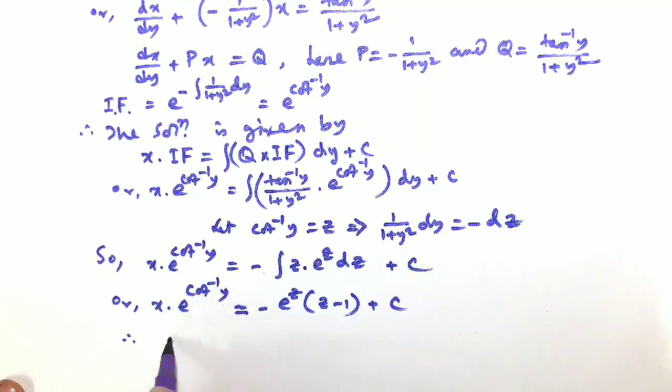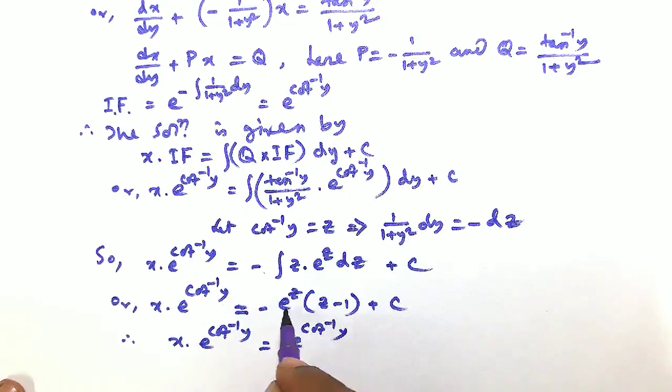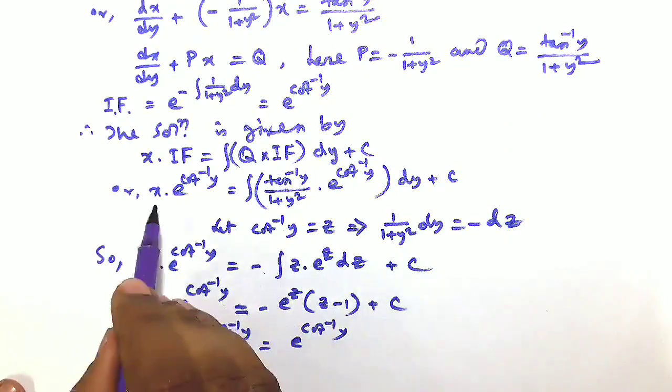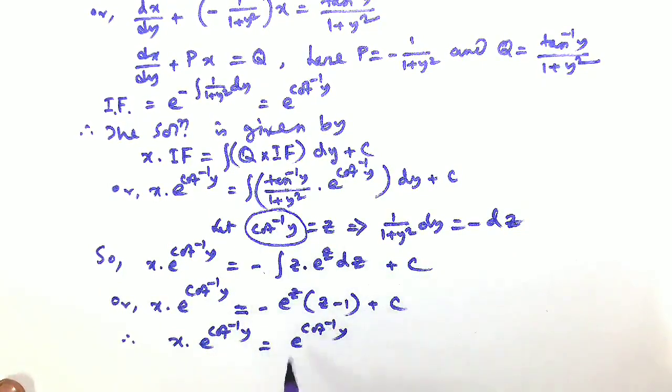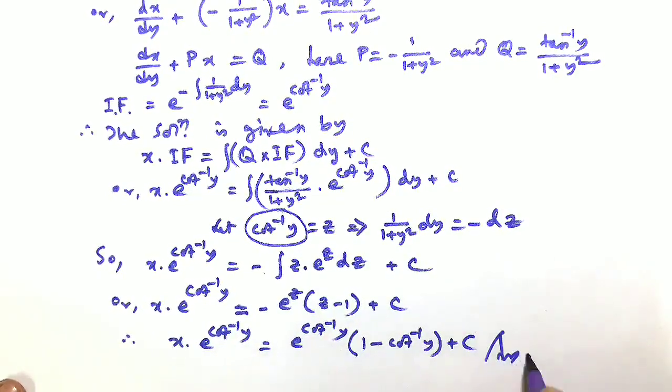So e to the power z, where z is cot inverse y. So e to the power cot inverse y into 1 minus z, there is a minus sign, so we twisted this one, 1 minus z. So z is equal to cot inverse y plus c, hence the result.